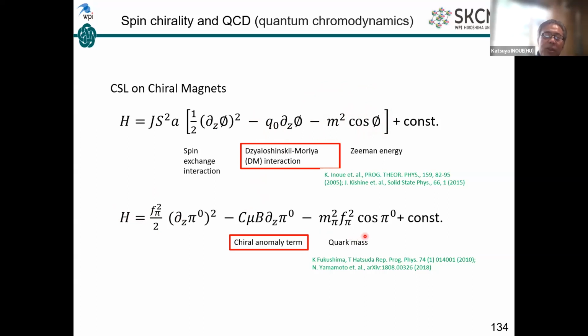This one is the QCD theoretical Hamiltonian. Mathematically, these are the same. This is the same as the interaction between particles, and here is a chiral anomaly term with the same mathematics, and the quark mass term is also the same. Then we can compare the QCD world and the spin chirality system.